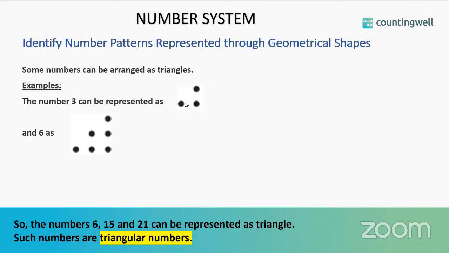So we have a triangular shape here. Similarly, we have 6. We have a triangle having 3 dots at the bottom and 3 dots in the vertical. So you can see how 6 is arranged in the form of a triangle. Similarly, the numbers 15, 21 can be represented as triangles. Such numbers are triangular numbers.